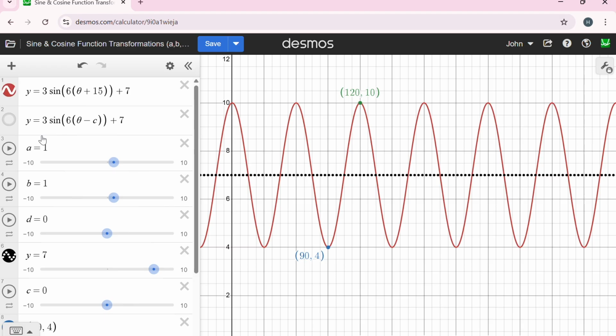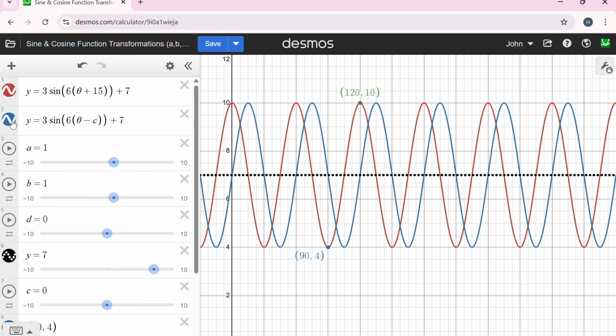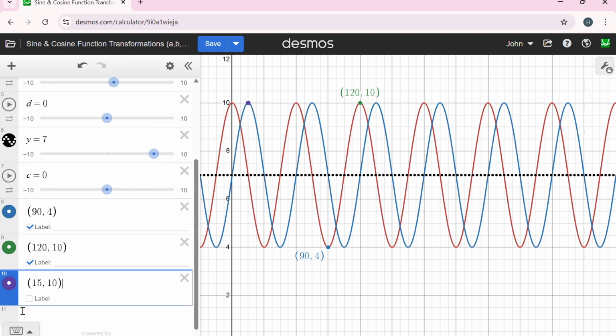So if I go back to the sine graph here, that's like asking this blue graph, how do I make it match the red graph? So if I plot this maximum up here, that's 15, 10. So let me plot that point. How do I make 15, 10 match the red graph? Well, I have to go to the left by 15 degrees.